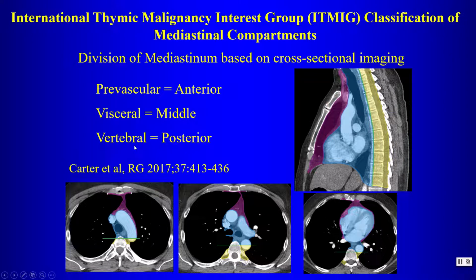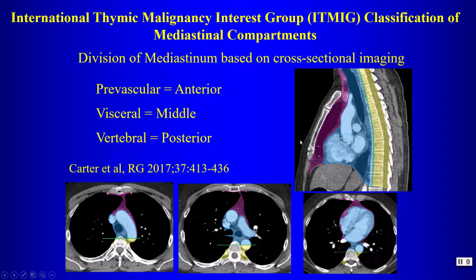In this classification scheme, the prevascular compartment is this area here, anterior to the great vessels and the heart. The visceral compartment, or what we would call the middle mediastinum, includes the blood vessels and the heart. And the vertebral compartment is posterior to that, or what we would call the posterior mediastinum.